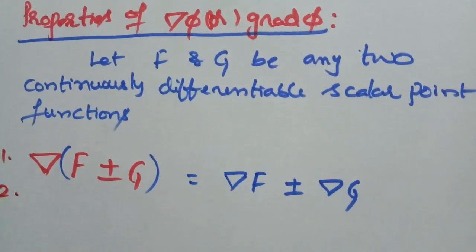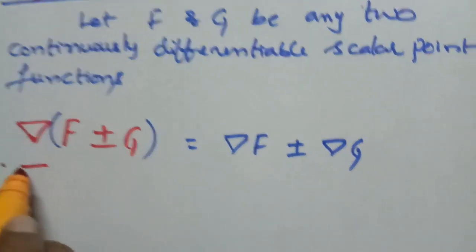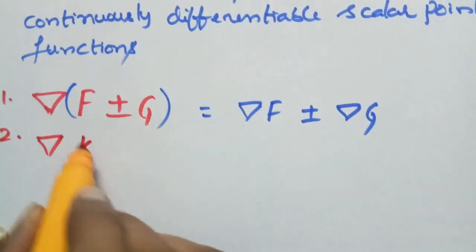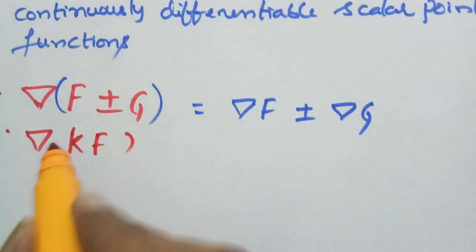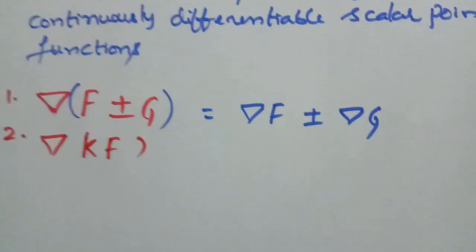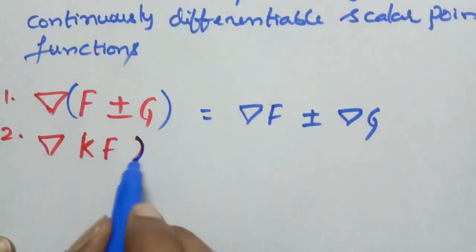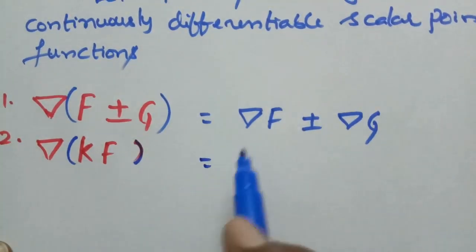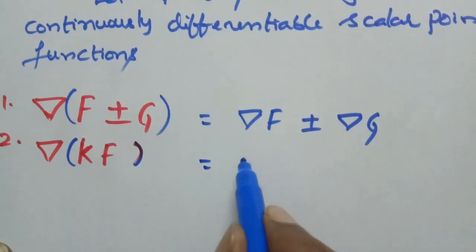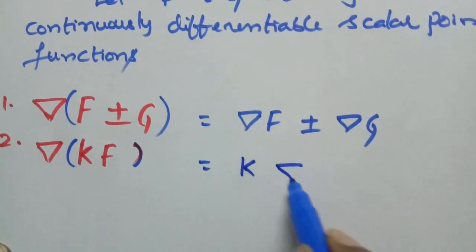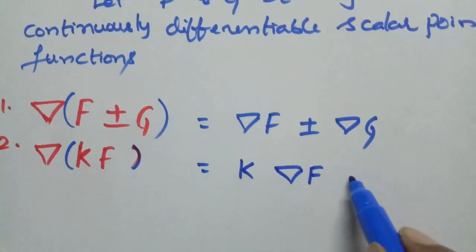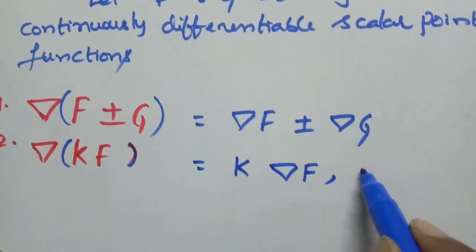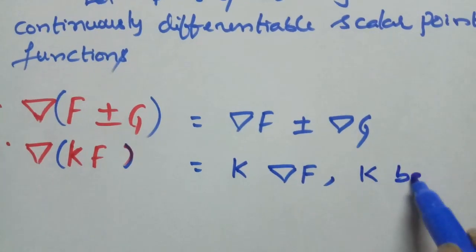Next, formula number 2, del of k into f is equal to k into del f, where k is a constant.